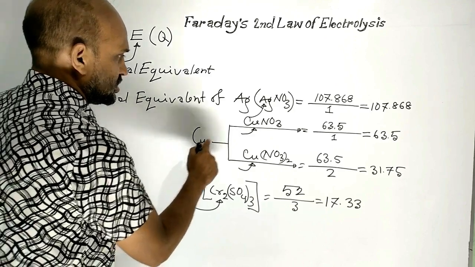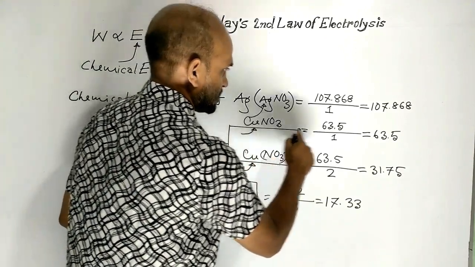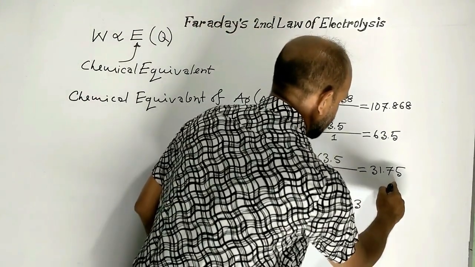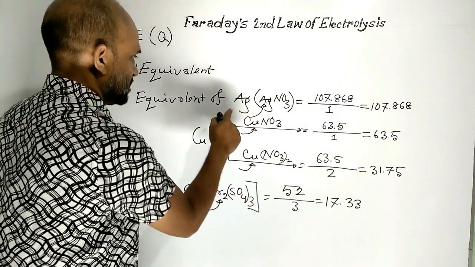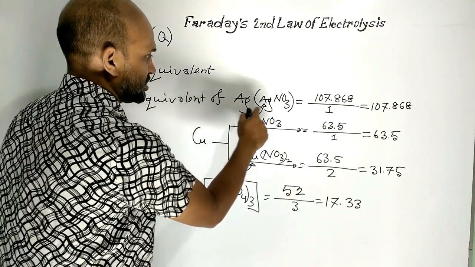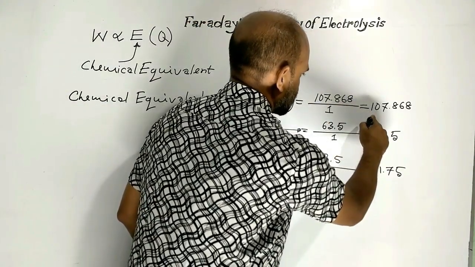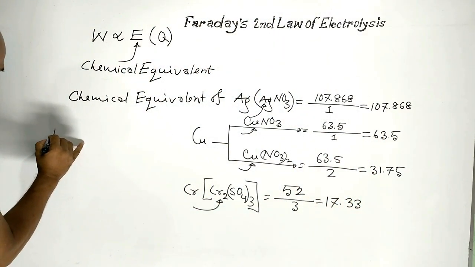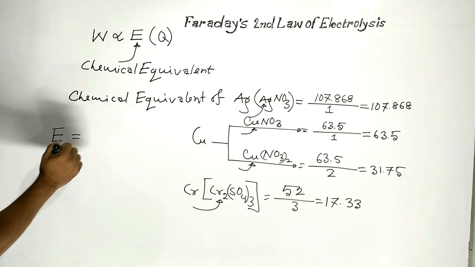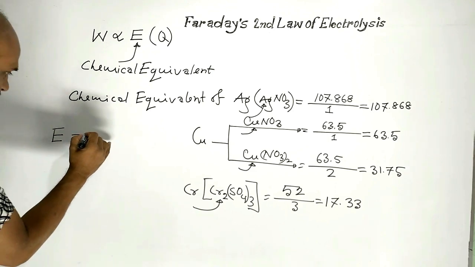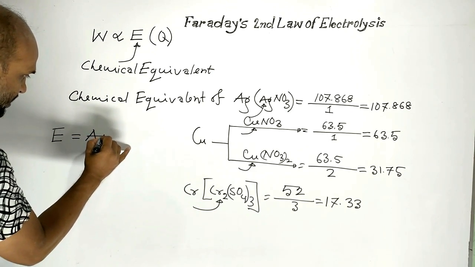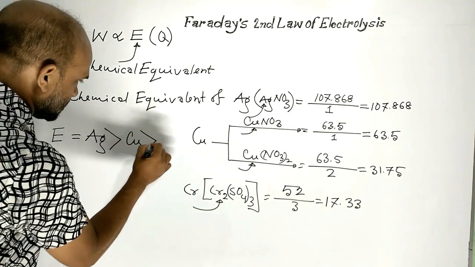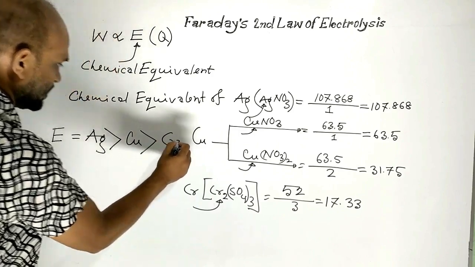Copper in cuprous nitrate is 63.5. In cupric nitrate, this is 31.75. And chemical equivalent of silver in silver nitrate is 107.868. That is the chemical equivalent, which is denoted by E. Here, silver first, then copper, and then chromium.